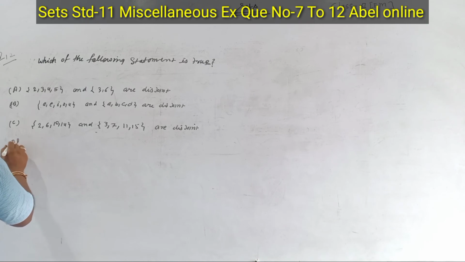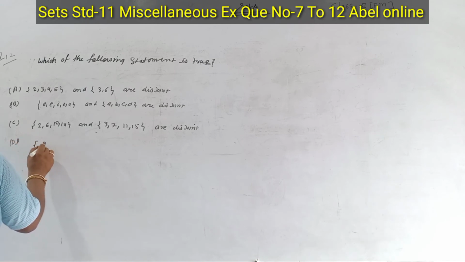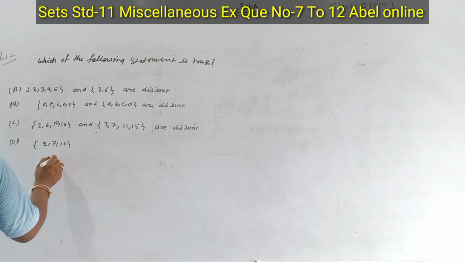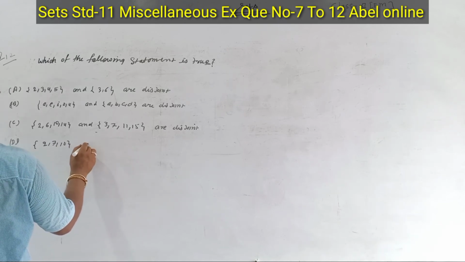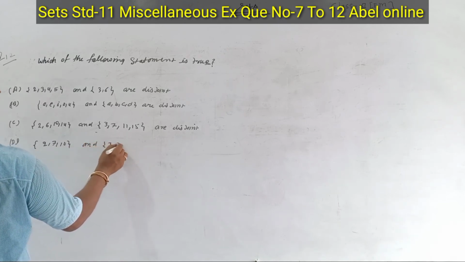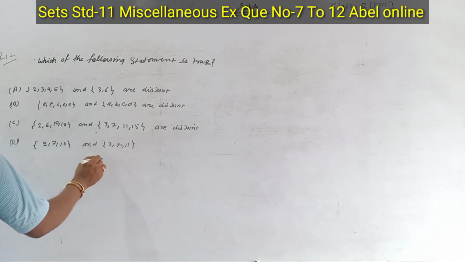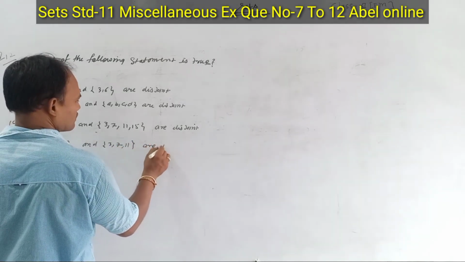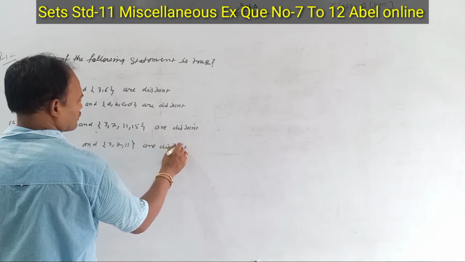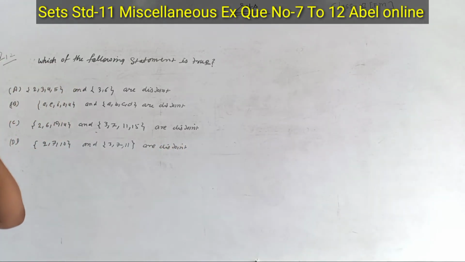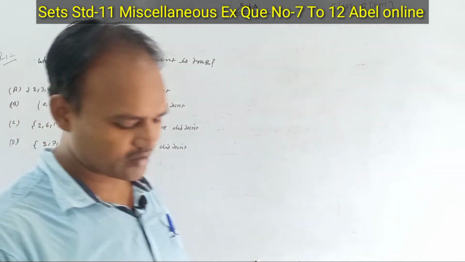Next one, D: 2, 7, 10 and 3, 7, 11 are disjoint. So students, what is the answer? What option is correct?